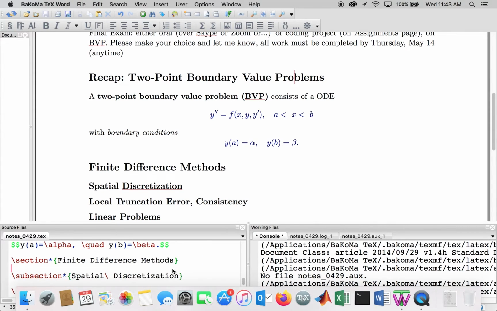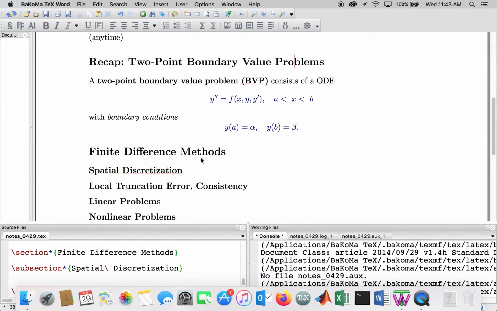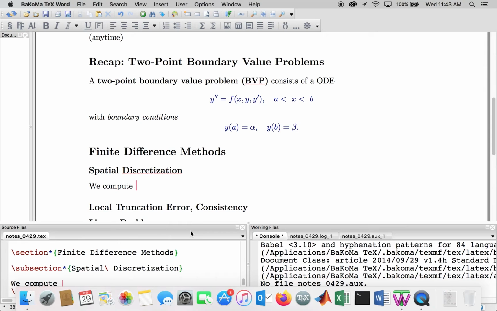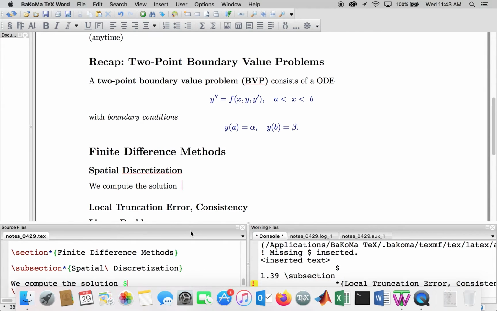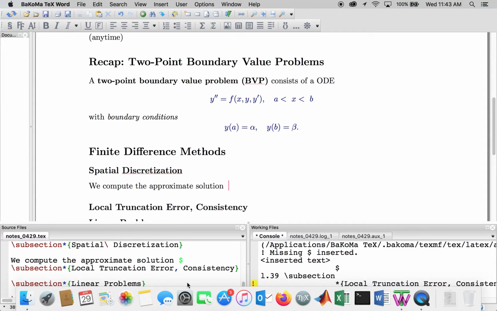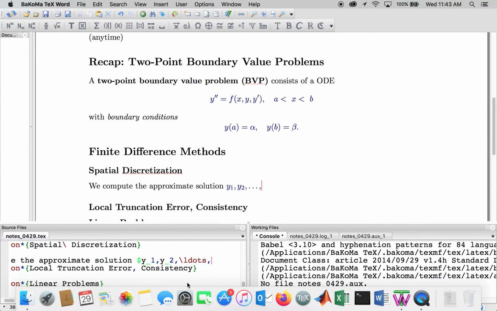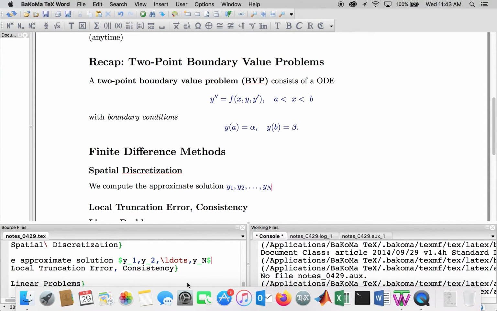Okay, so I need to lay down some notation to describe a finite difference method. The idea here is we compute the approximate solution, which will have this form: y1, y2, up to yN.